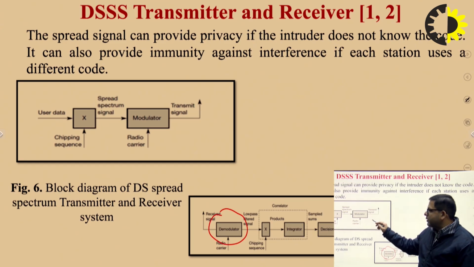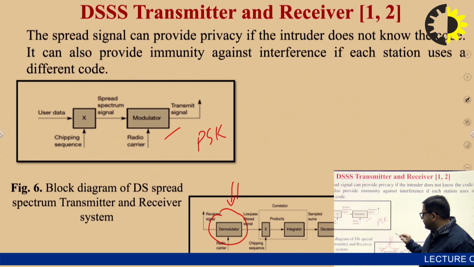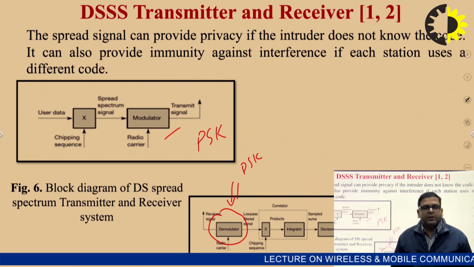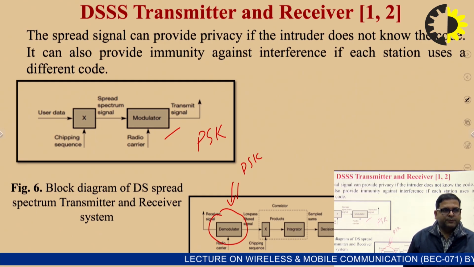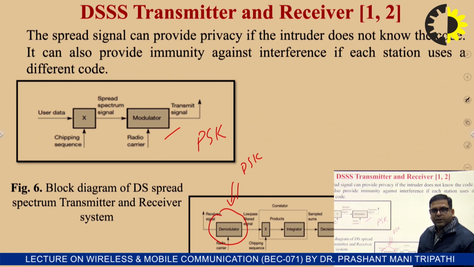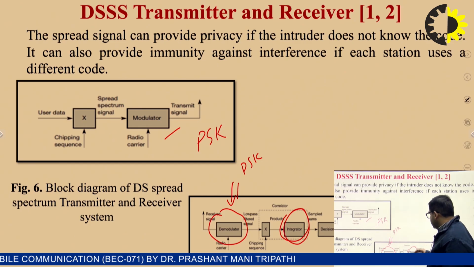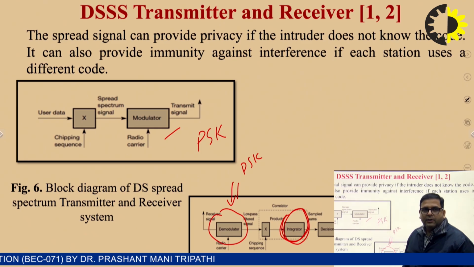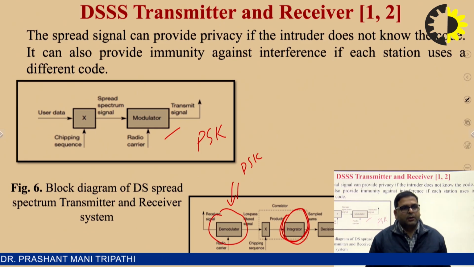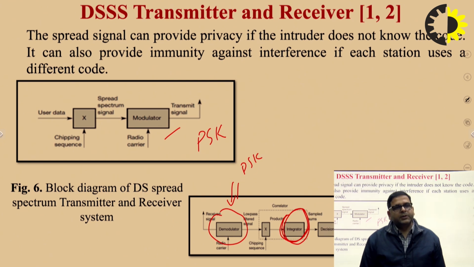For example, if we are using a PSK modulator, then at the receiver side we will use a PSK demodulator, and after this demodulation we multiply the demodulated signal with the PN sequence which we used at the transmitter side, and after this multiplication we pass the resultant signal through an integrator. The integrator provides the DC value of the signal, and this DC value is compared with the threshold, where if the value is greater than 0, we decide that a symbol 1 was transmitted, and if the value is less than 0, our threshold, we decide in favor of 0.